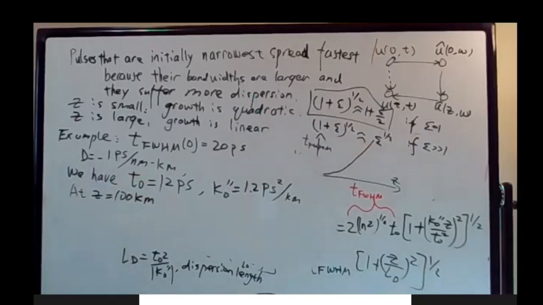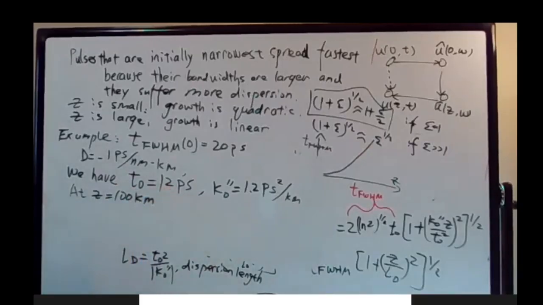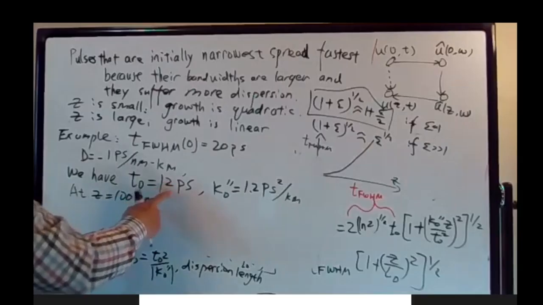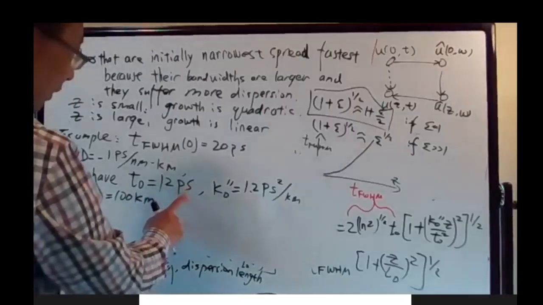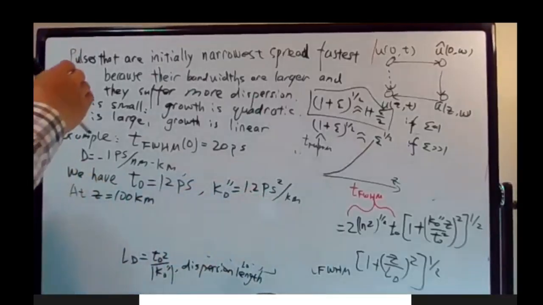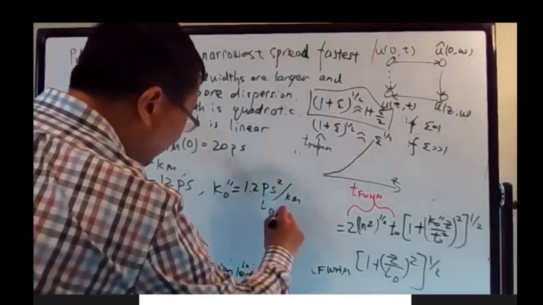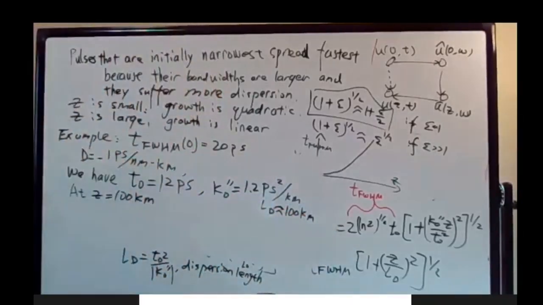So if we look at the LD, LD is roughly T naught prime squared, T naught prime is 12, so it's 144 divided by k naught, 1.2. Then the picosecond cancel out, so the kilometer will go up. So in this case, the LD is approximately equal to 100 kilometer. I mean, you can calculate, but it's roughly about 100 kilometer.